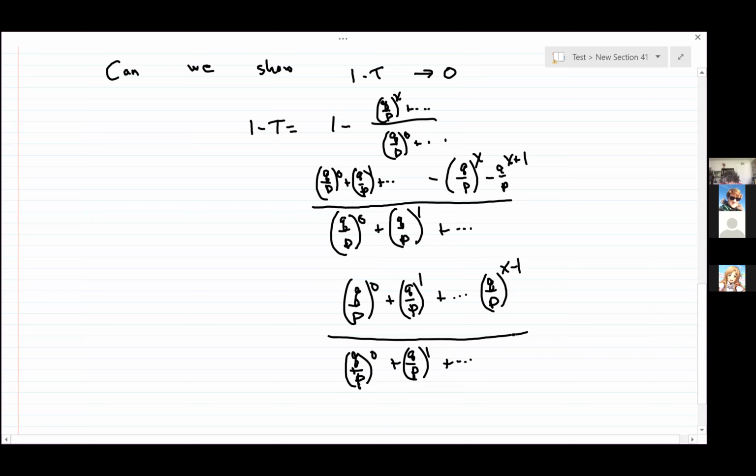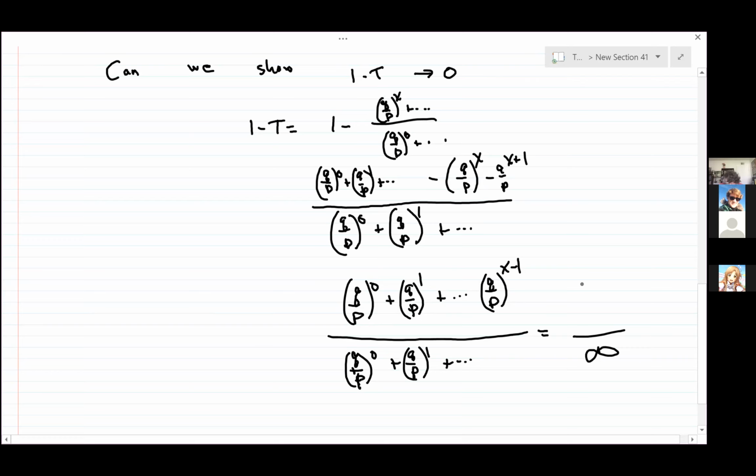And this would be an infinite series. Now, at this point, we're done because the bottom is going to infinity, but the top, so x is fixed.